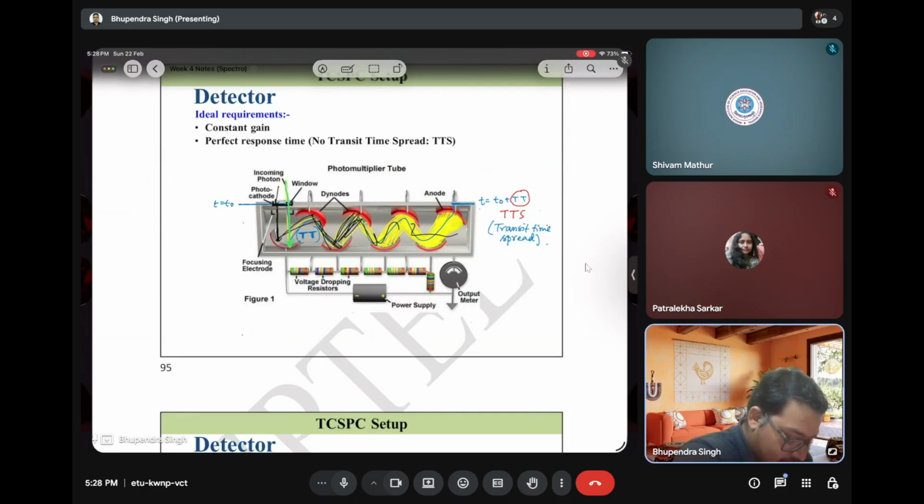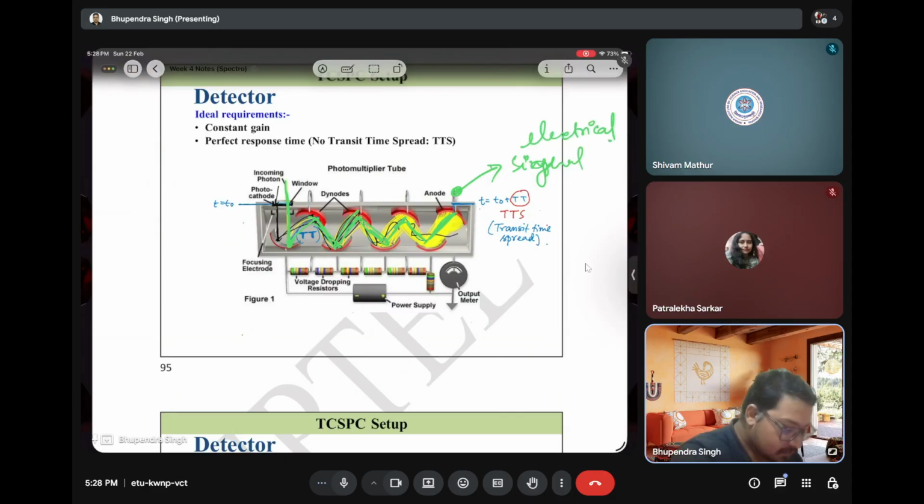Let's say it is coming here, then it will take some time going here, then here, then here. Of course it is multiplying, as you are able to see. Then it is generating the signal, your electrical signal, right?